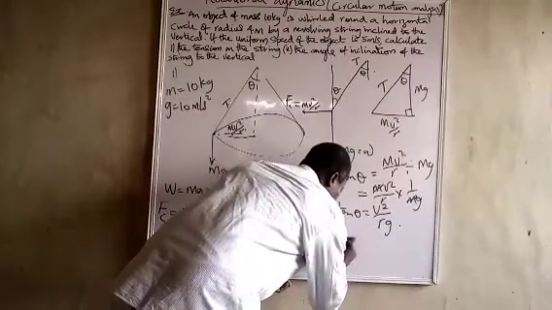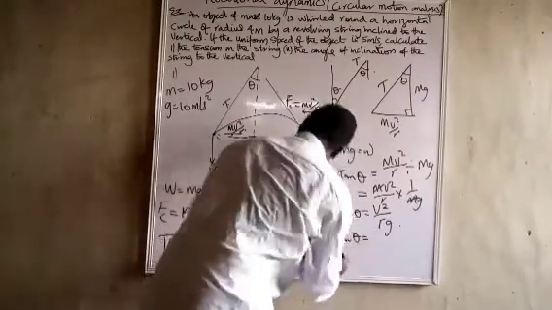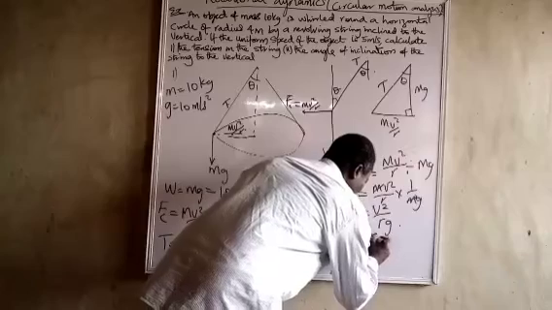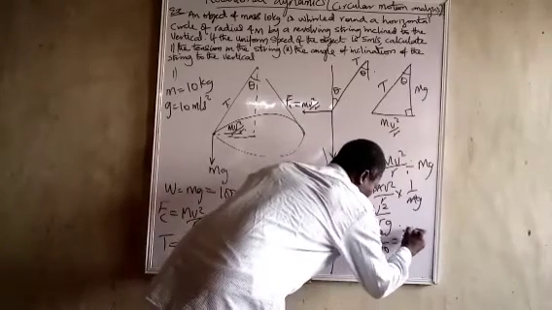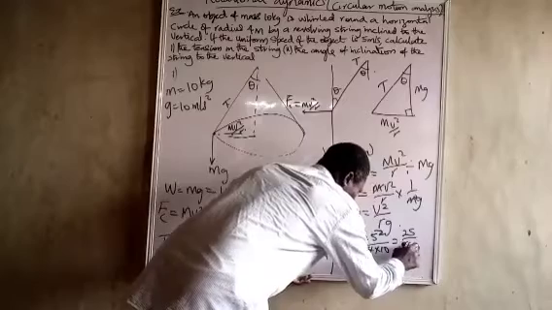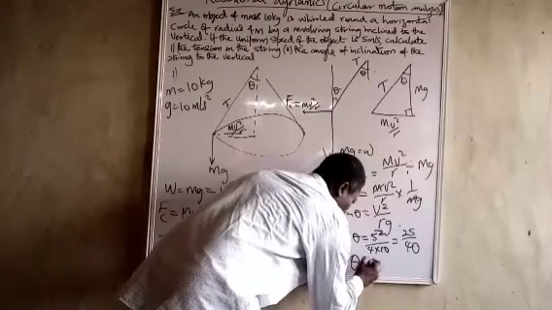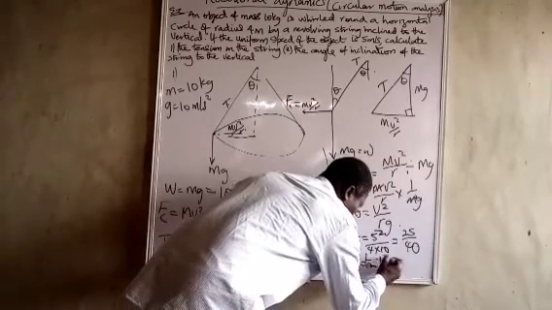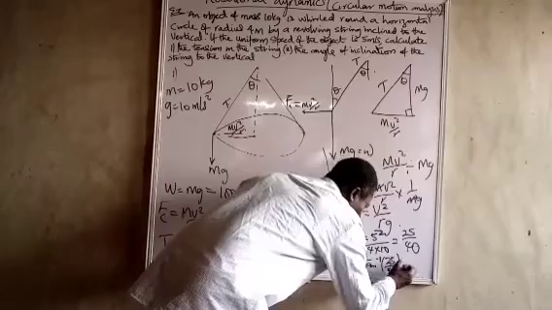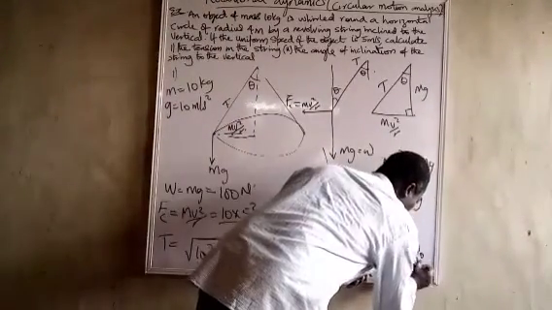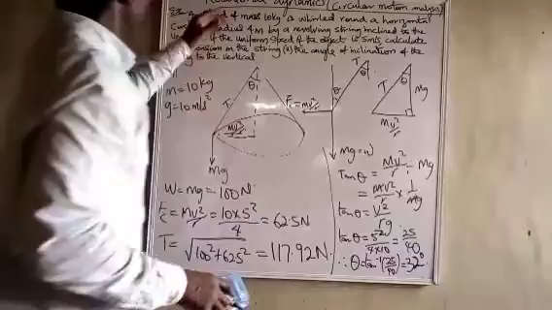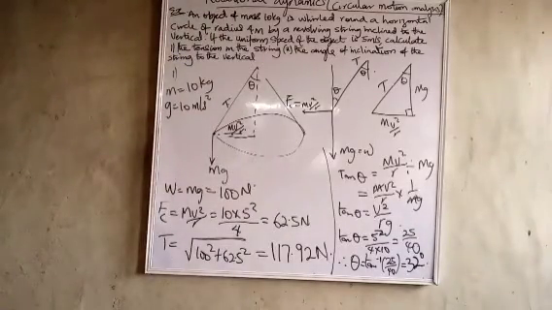So tan theta will be equal to 5 squared over 4 times 10, which is 25 over 40. Therefore, theta will be equal to inverse tan of 25 over 40, which is equal to, let's find that, 32 degrees. So the angle of inclination of the string to the vertical is 32 degrees.